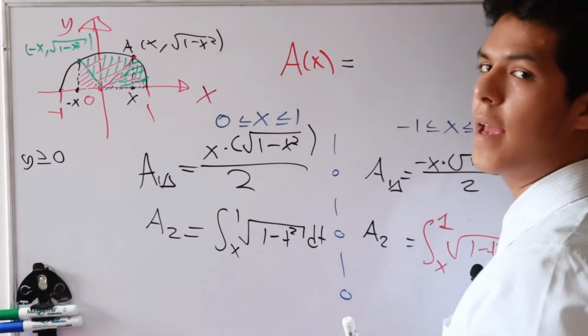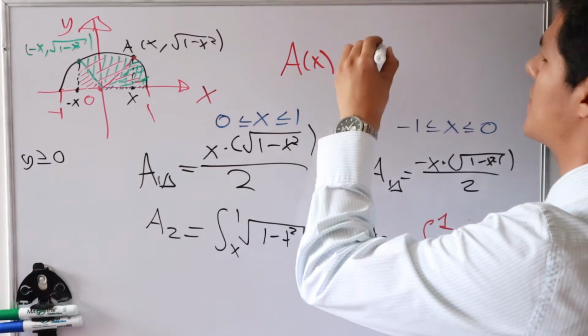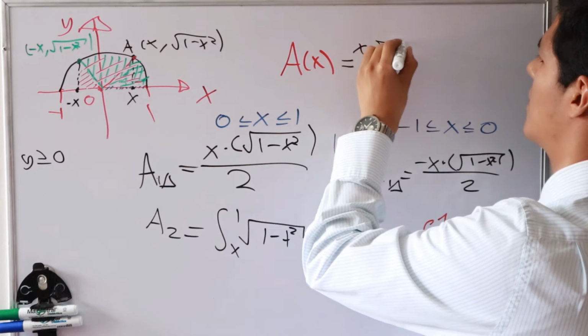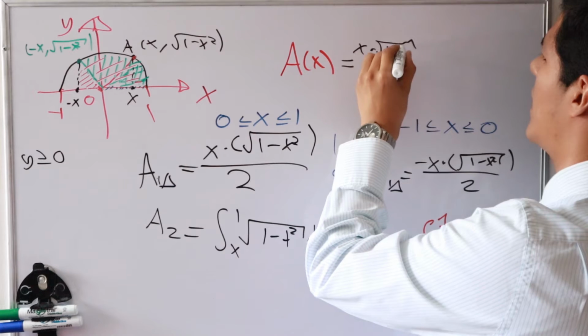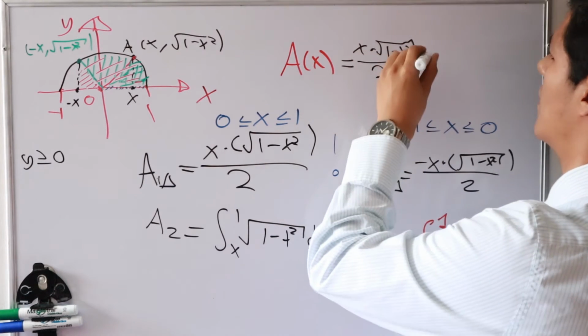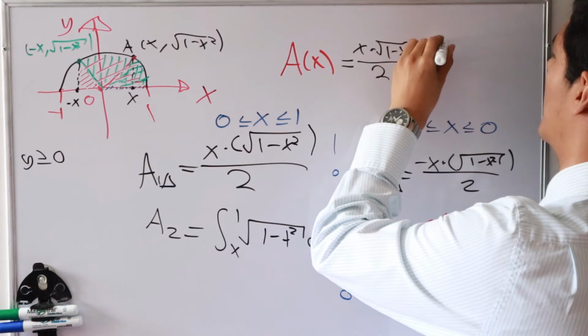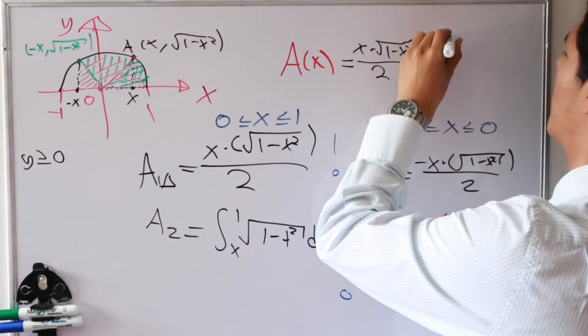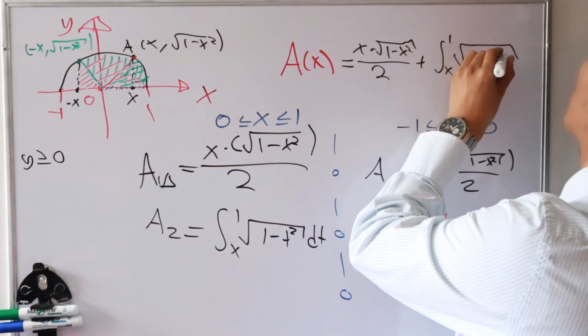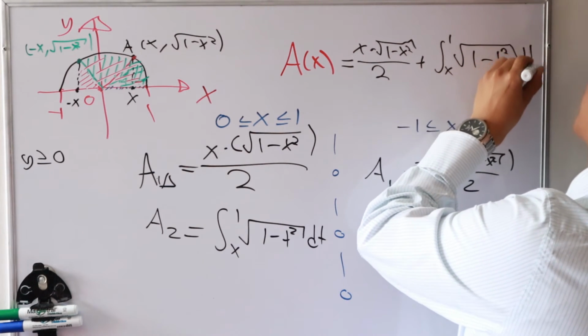So we have that A of x equals x times the square root of 1 minus x squared divided by 2, plus the integral from x to 1 of the square root of 1 minus t squared dt.